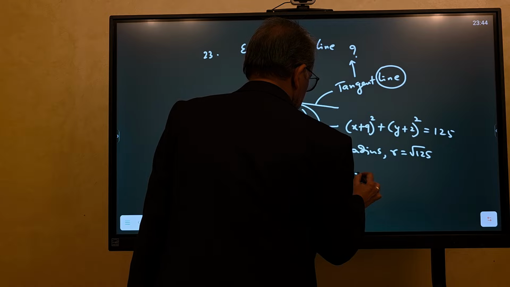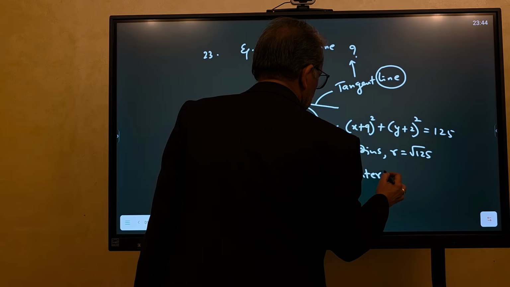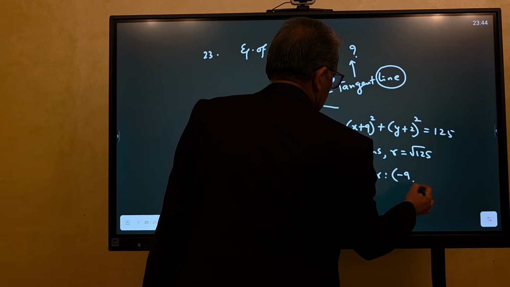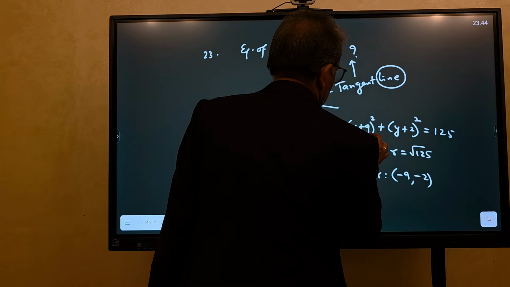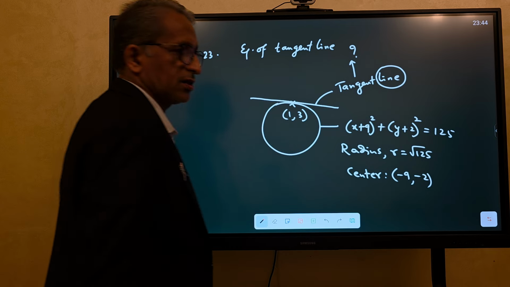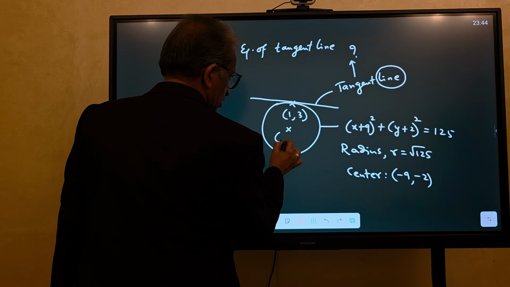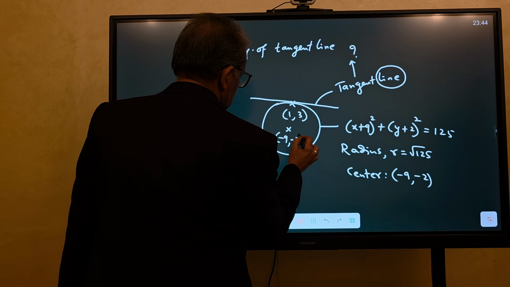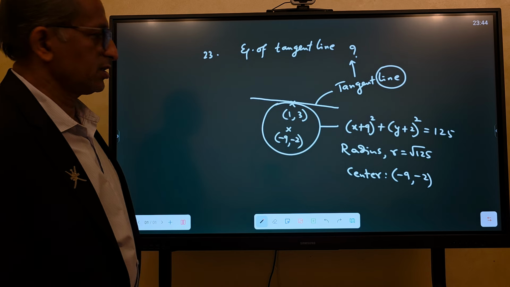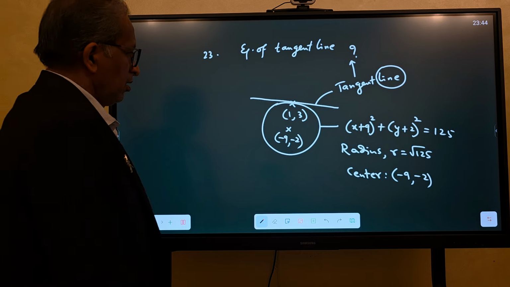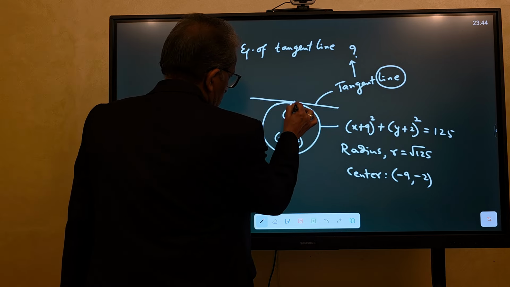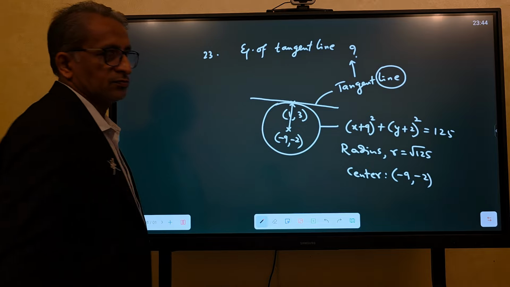And what is the center? The center is (-9, -2). So where is this center? It is here, you see, (-9, -2). That is the center. Now I will join these 2 points.